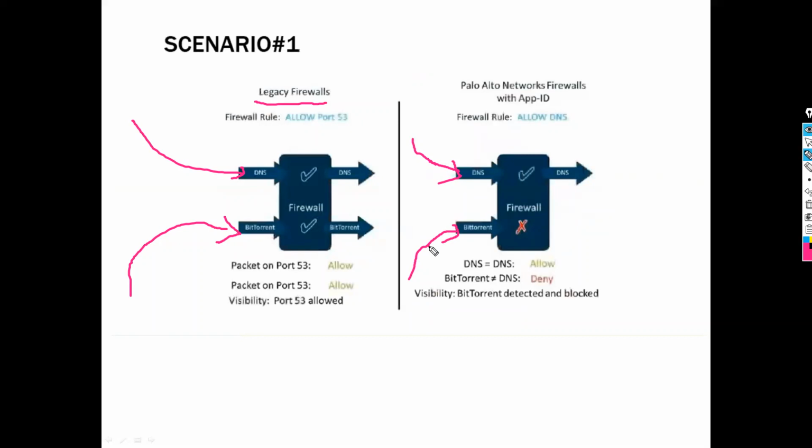It will verify the application data signature from the application signature database. It will verify which application you are trying to open, and as per your policy, you can define whether you want to allow or deny a specific application.